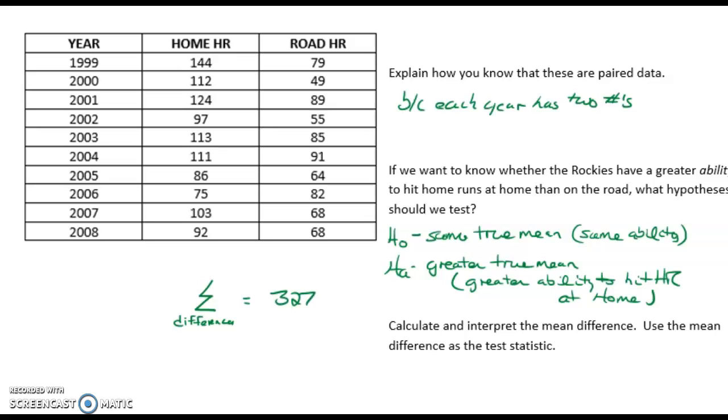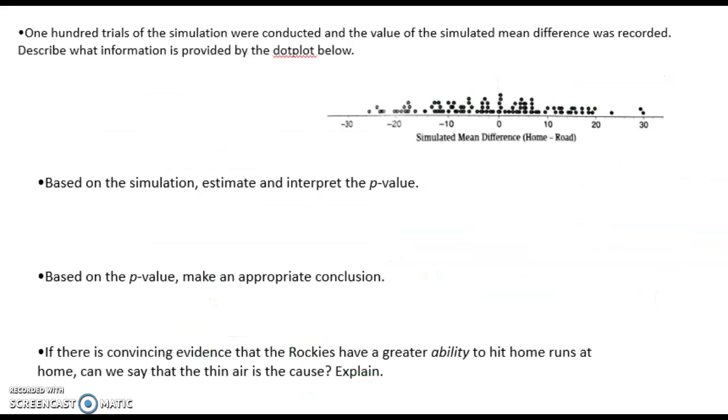And if I'm going to take a mean out of that, I want to divide that by the number that I had, which was 10 years. So that means my mean difference would be 32.7. So this is going to be your test statistic. This is your mean difference. Okay, so now moving on to the next screen.